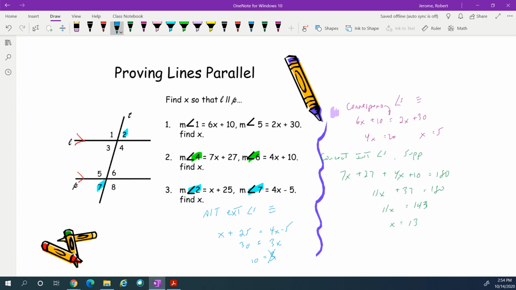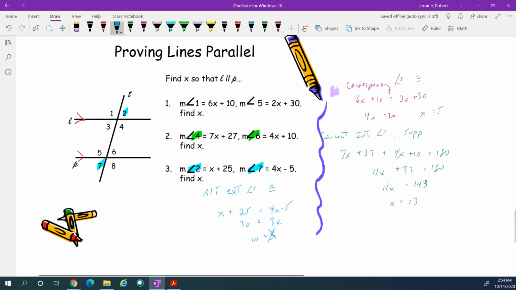X. And that's it. So proving lines parallel, and again, more than one way to do it, but this is the way we're doing it in this lesson, using the exact same skills of our angle pair relationships. Okay. All right, we'll come back with more.